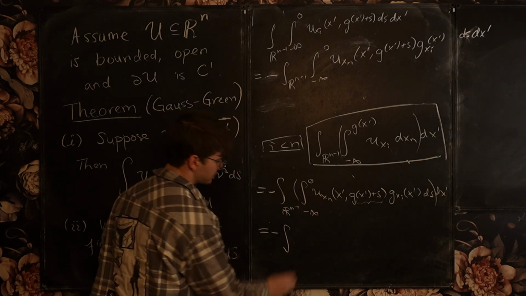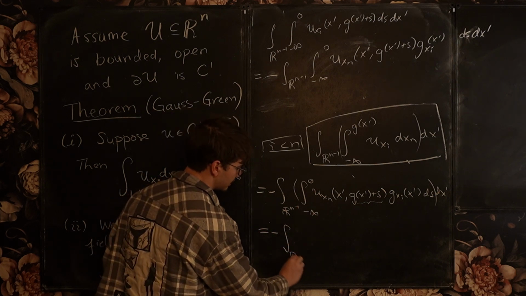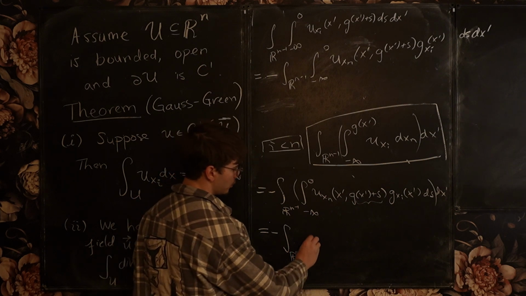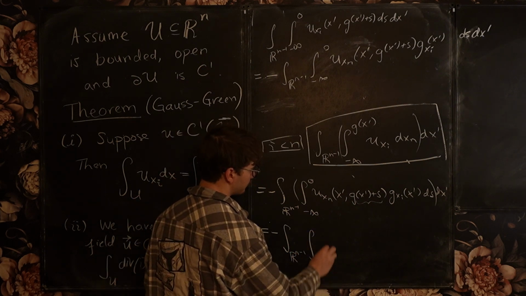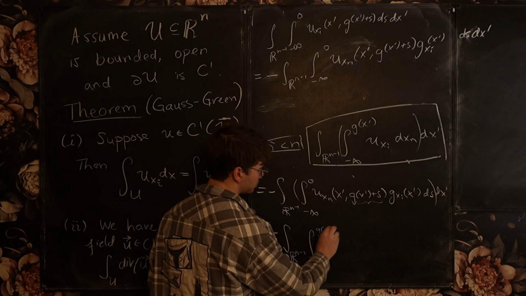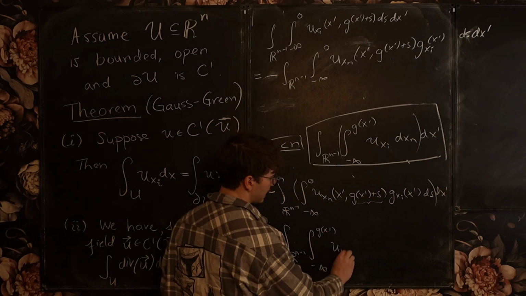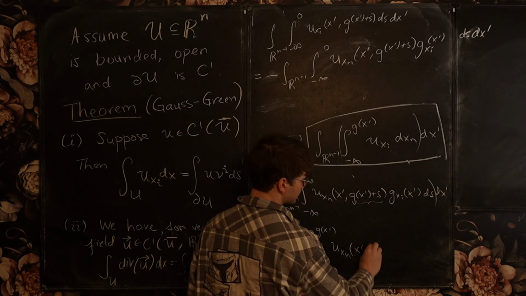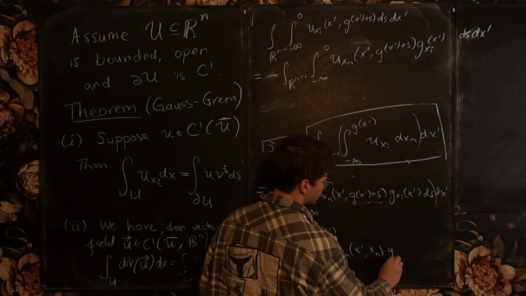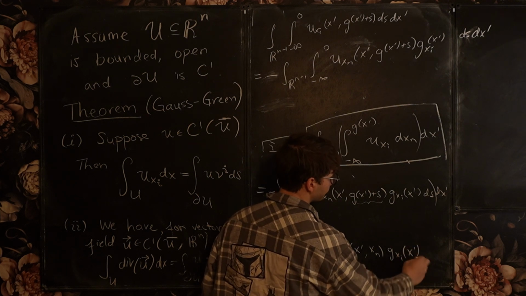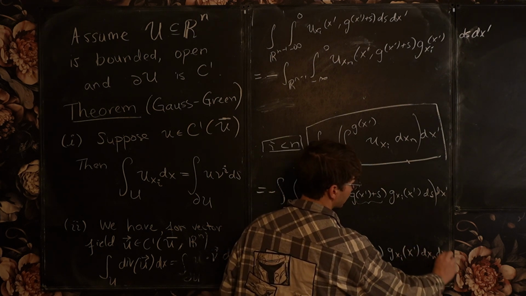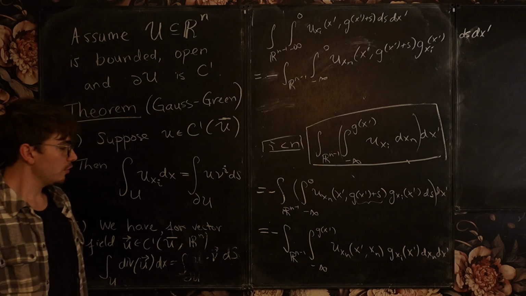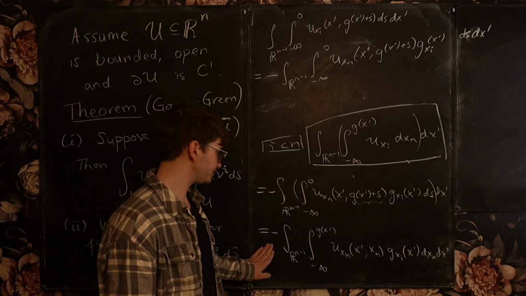So by the same kind of logic that we've already discussed, we have this from negative infinity to g of x prime of u_xn of x prime, xn g_xi of x prime dxn dx prime. Whew, okay, so now we're here.